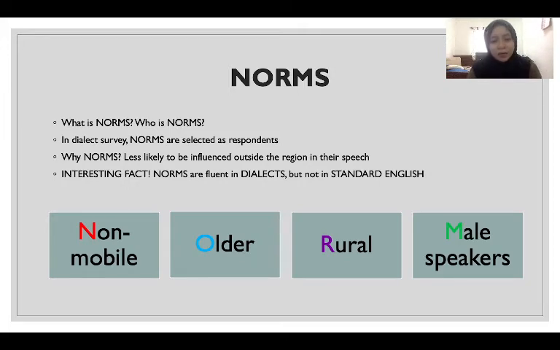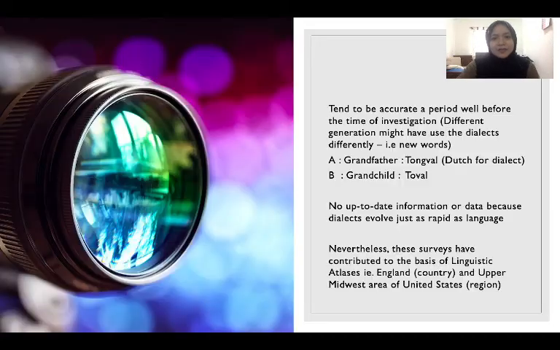So this is NORMs. They are usually referred to in linguistic surveys in order to identify a dialect within a geographical area. But there are a few problems when it comes to this linguistic survey. Number one, it tends to be accurate for a period well before the time of investigation, meaning a different generation might have used the dialects differently.